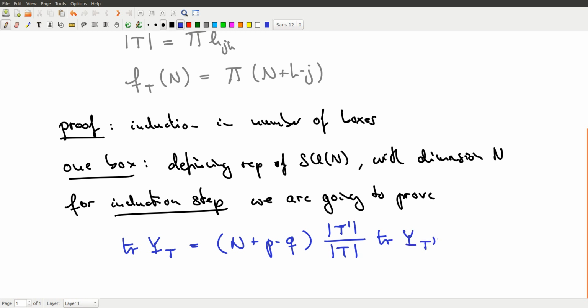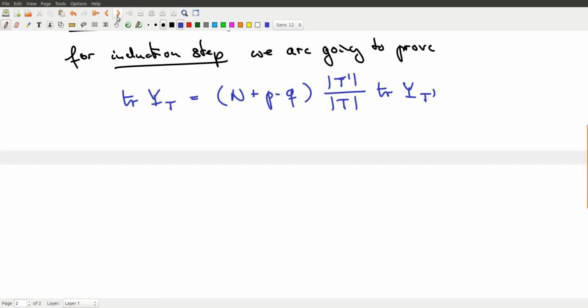So now I should first explain what T prime and p and q are. Here Y_T is a tableau, let's say with n boxes. And T prime is a tableau with n minus 1 boxes, and we get this by removing the box with the highest number from T.